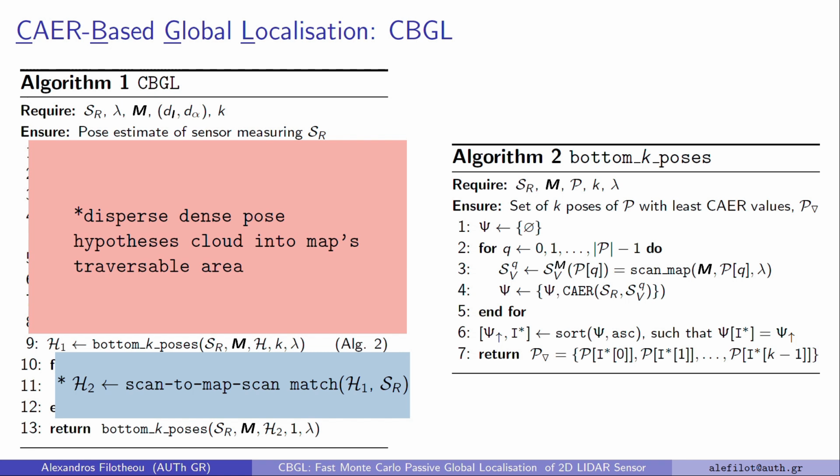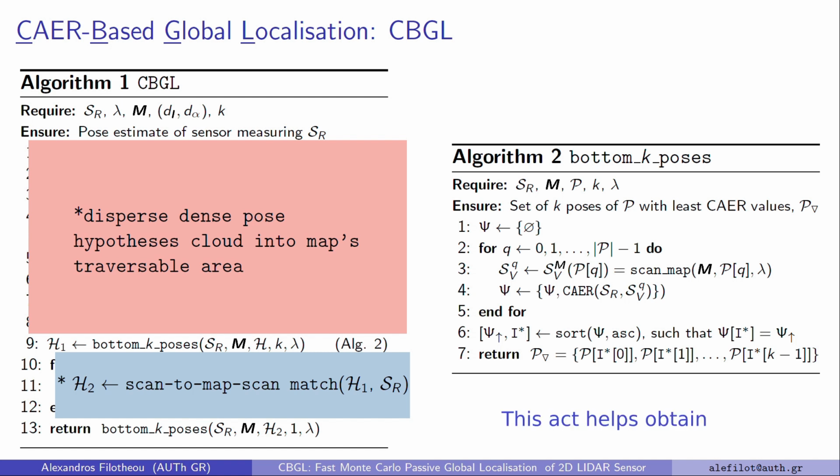CBGL. CBGL first disperses a number of hypotheses on the map of the sensor's environment. This number is a function of the map's traversable area. Then, in algorithm 2, it computes the CAIR value of each hypothesis and ranks them ascendingly. Subsequently, it selects a number of the bottommost hypotheses and it matches the virtual scans captured from them against the sensor scan.